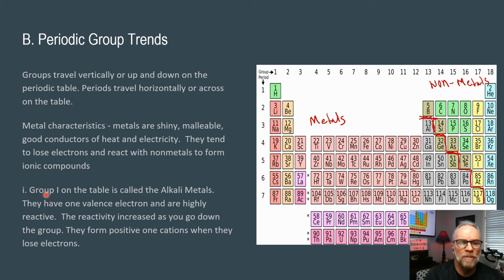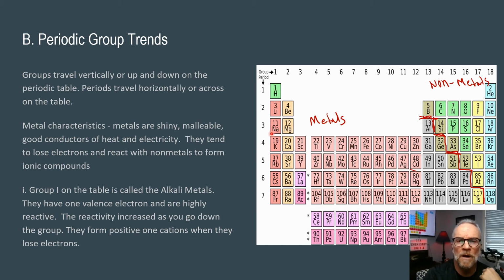Group 1 on the periodic table is called the alkali metals. This is group 1, from lithium on down to francium. Hydrogen is kind of an interesting element in that it can lose an electron or gain electrons, and so sometimes you'll see even hydrogen put over here on the nonmetal side.